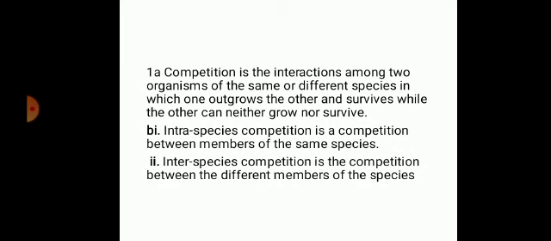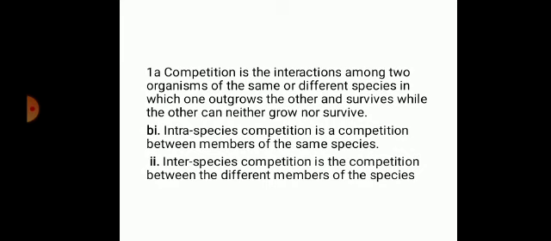They ask you to explain interspecies competition. So interspecies competition is the competition between the different members of the species. As I told you when we were talking about the meaning of competition, different members can be grass and cattle.